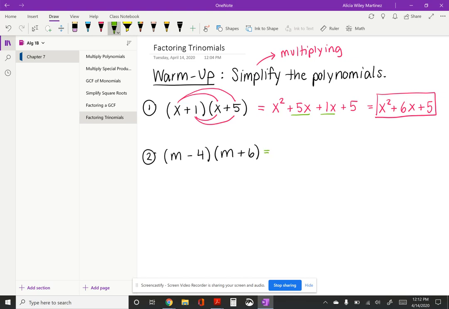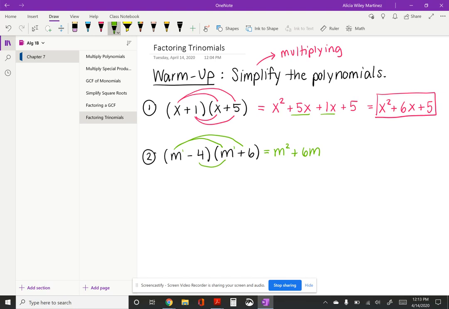And number 2, you should have done the same process. Obviously a different answer. So we do m times m, that's m squared. Remember, when you multiply, you add exponents. These each have a 1. 1 plus 1 is 2. Then you do m times 6. That's the outside, if you're thinking about FOIL, so that's positive 6m. Then you have to distribute the negative 4 to the second parenthesis as well.